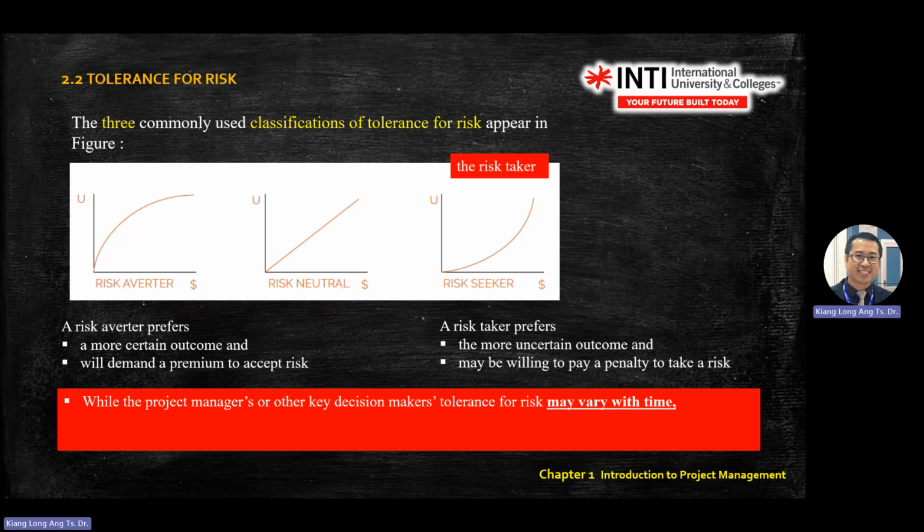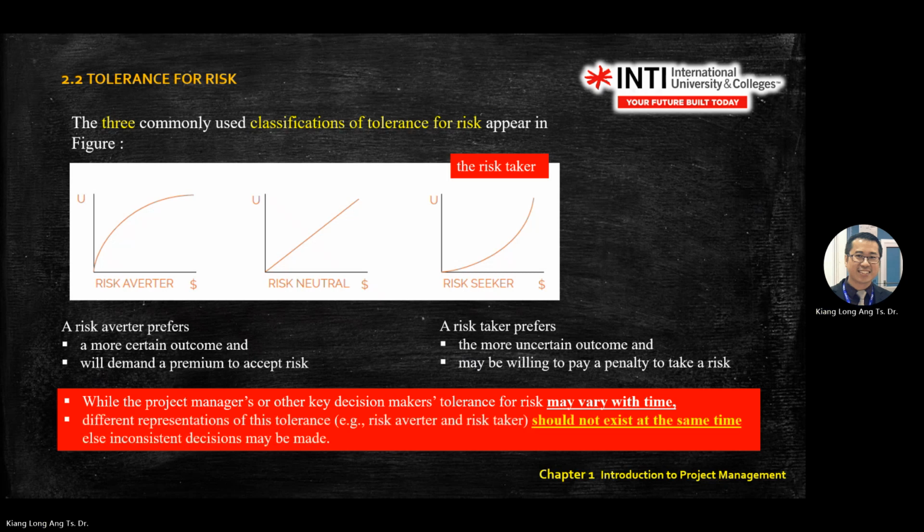It will change from one type to another from time to time. One person can be neutral, then go to risk seeker, then back to neutral, then go to averter. It depends on age also. When we become older and more senior, we become more conservative.